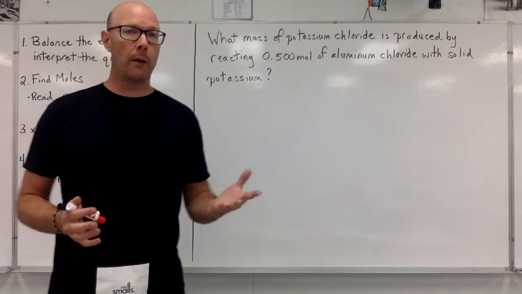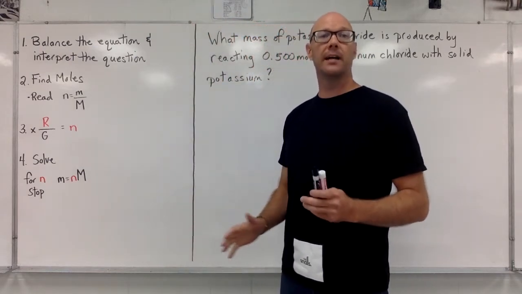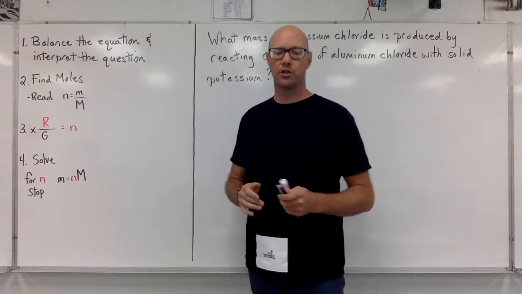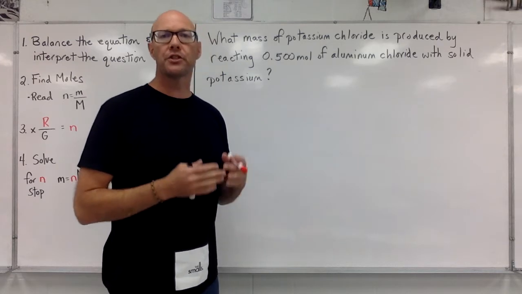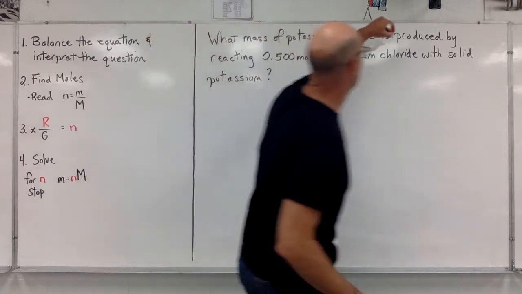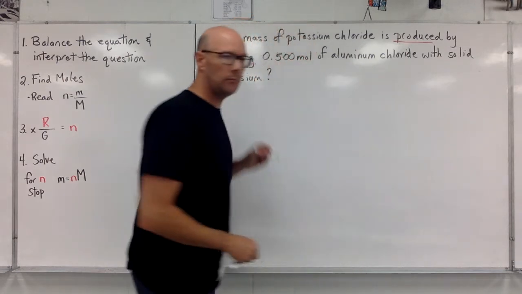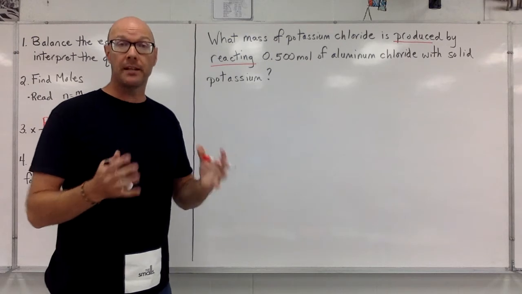When we have a stoichiometry problem, we're going to follow the same 4 steps every time, and that starts with balance the equation and interpret the question. When we need to interpret the question, we're always on the lookout for some key words. Produces, reacts with, mixed with, something like that.